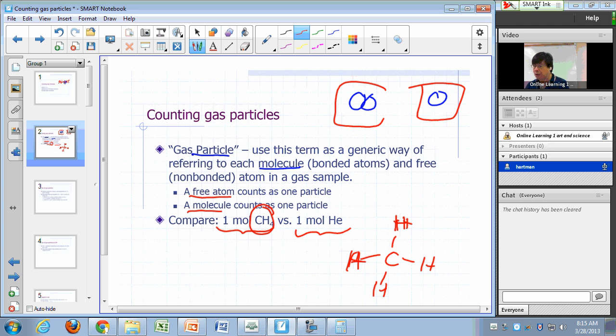So 1 molecule counts as 1 particle, and 1 atom unbonded to any other atom would also count as just 1 particle. So that is what we are counting in the equation PV equals nRT. The number of moles would be the total number of moles of particles, whether they are atoms or molecules. Each atom counts as 1, each molecule counts as 1.